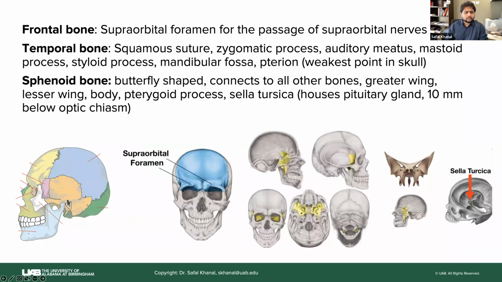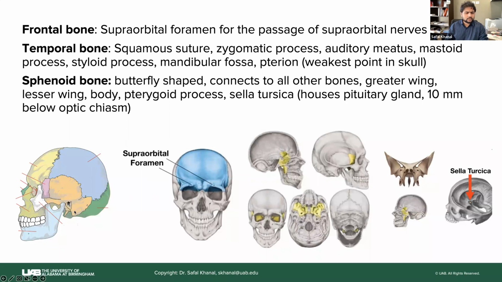The temporal bone has the squamous suture that separates it from the parietal bone. It has a zygomatic process here, and also the auditory meatus, which is a small hole that connects to the ear. It has the mastoid process at the bottom here, and a styloid process.